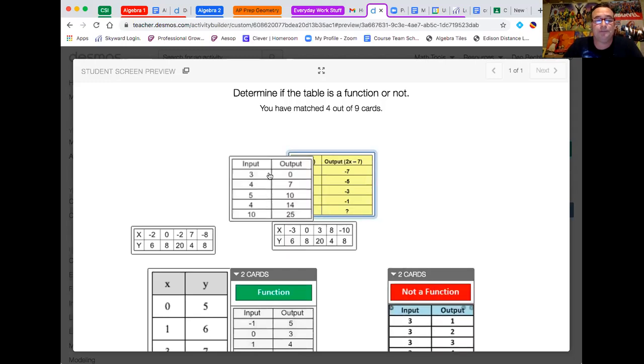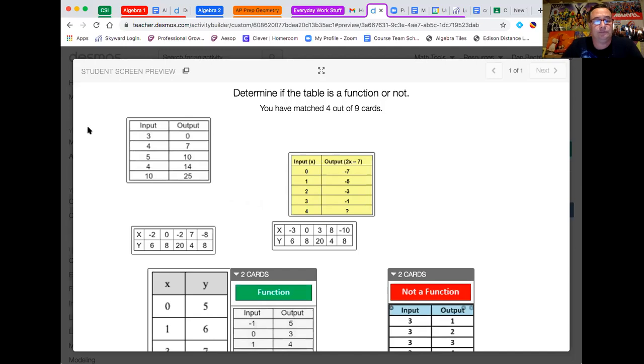Okay, let's try this one. Is this a function? Lydia says yes. America says no. Well, let's look at our input values. Do any of these repeat?